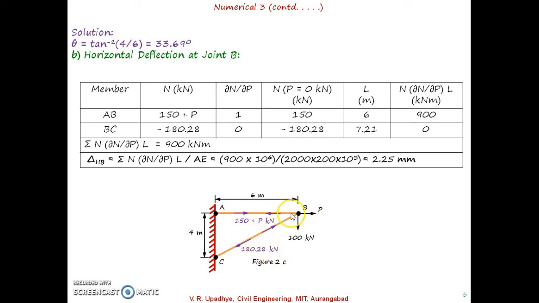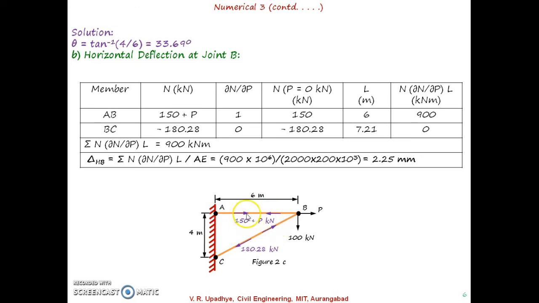Now if we consider summation Fx equal to 0 at joint B, then the horizontal component of that will be used in the calculation of the member force in member AB, and the P force is there at joint B. The horizontal component of the member force in member BC will be 180.28 cos of 33.69.